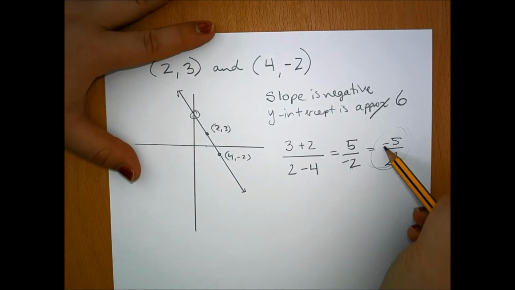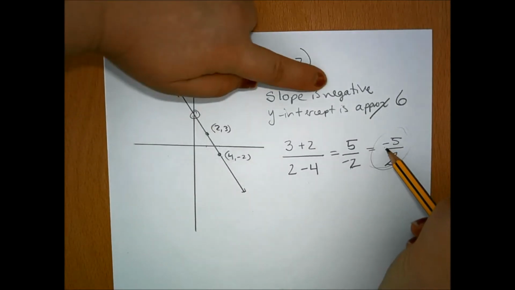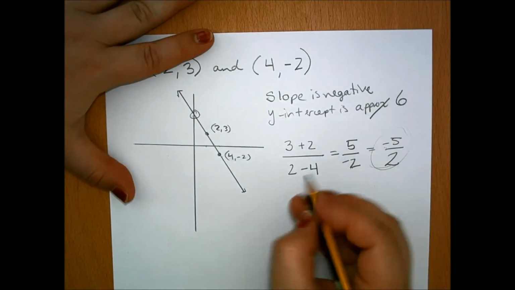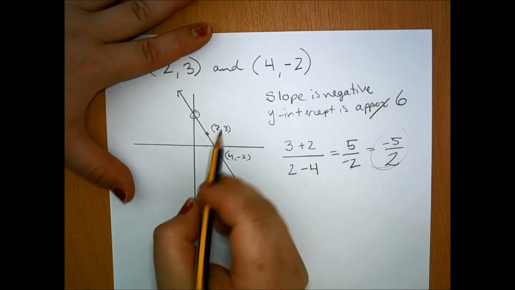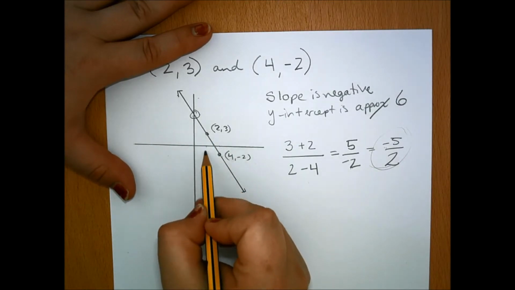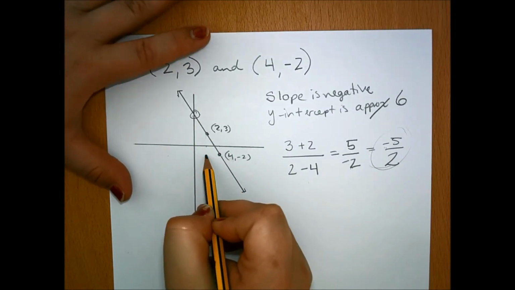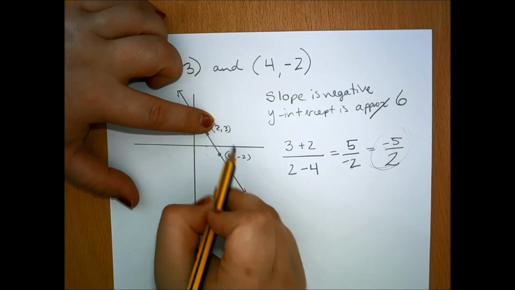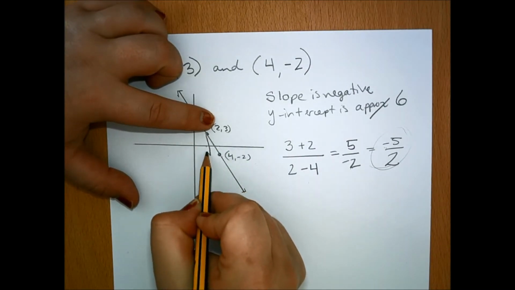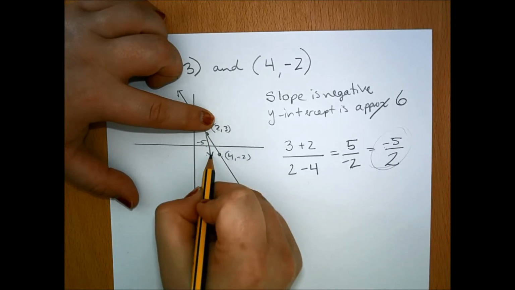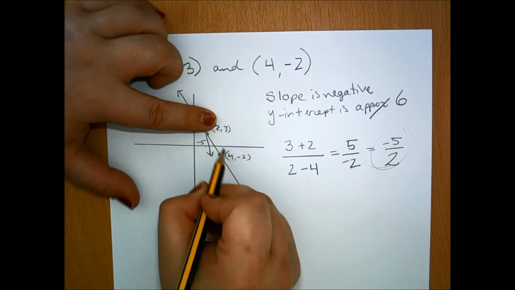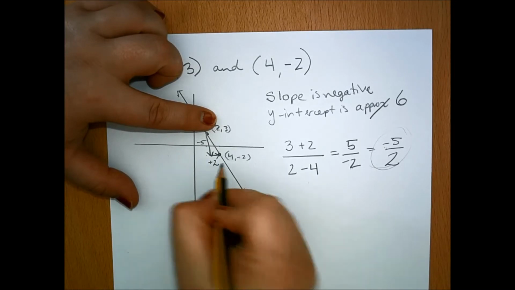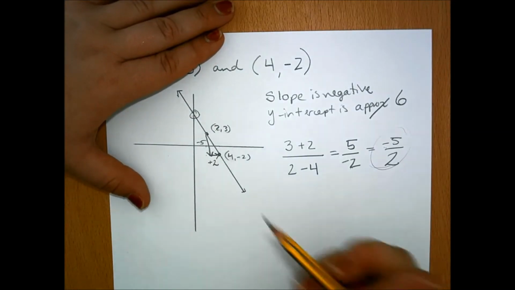So we got a negative slope, which matches our observation. We can also do a quick check on the graph: the change between 3 and -2 is a decrease of 5, and the change between 2 and 4 is an increase of 2. So that also fits our graph.